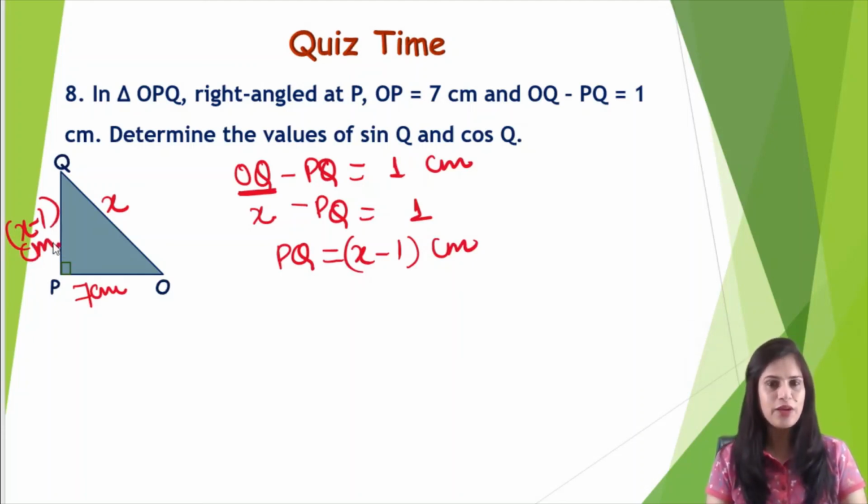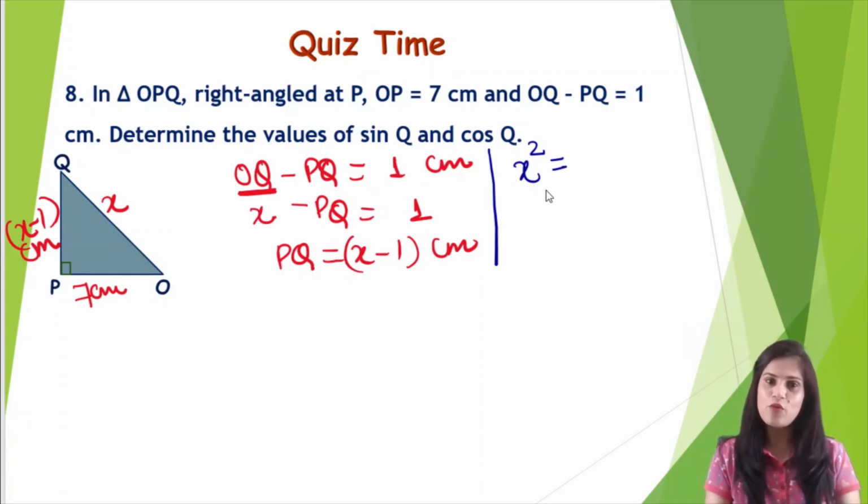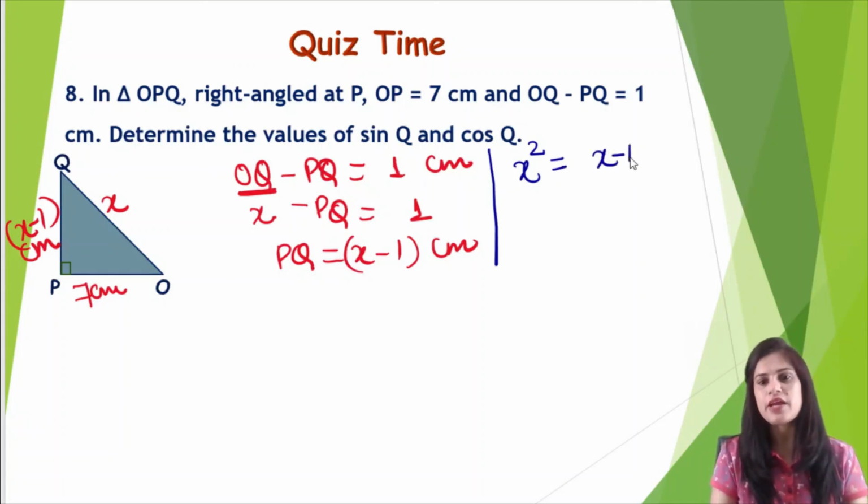Okay, we have got PQ as x minus 1 centimeter. Now what to do next? After this, we have to apply Pythagoras theorem. So according to that, square of hypotenuse, means x square, is equal to sum of square of other two sides, means x minus 1 square plus 7 square.